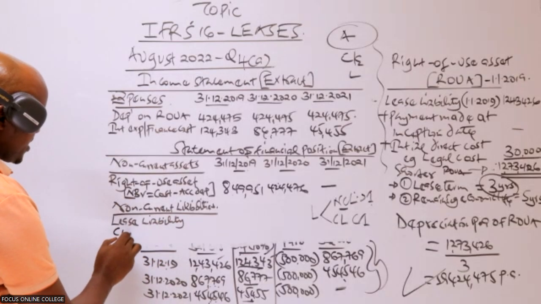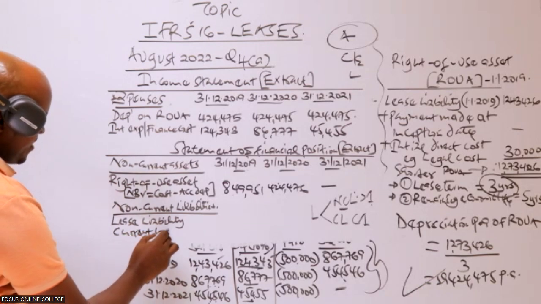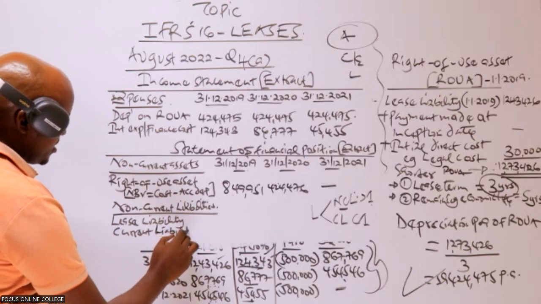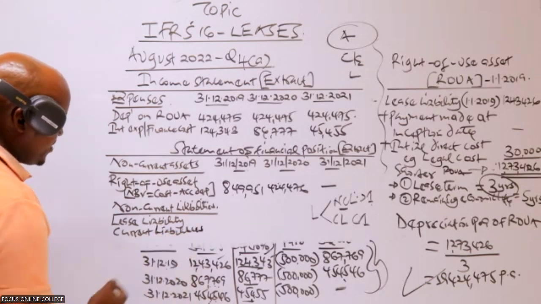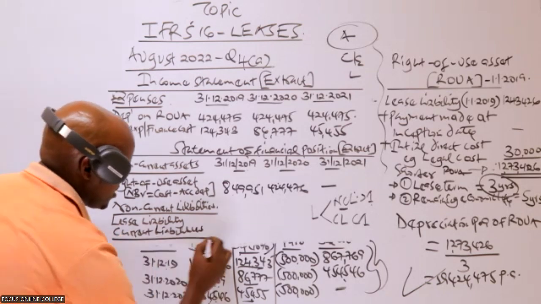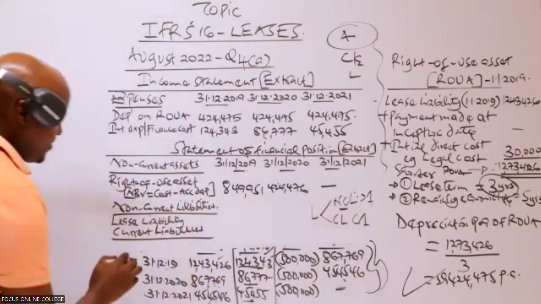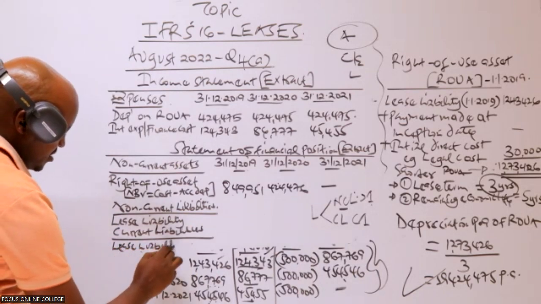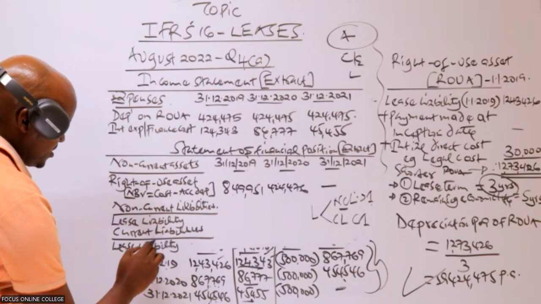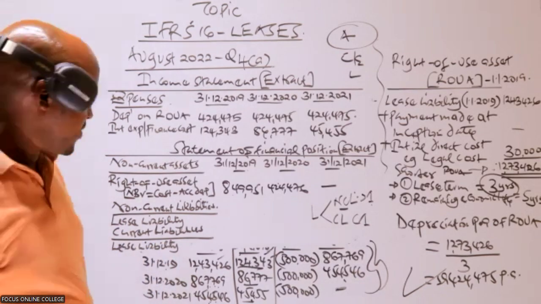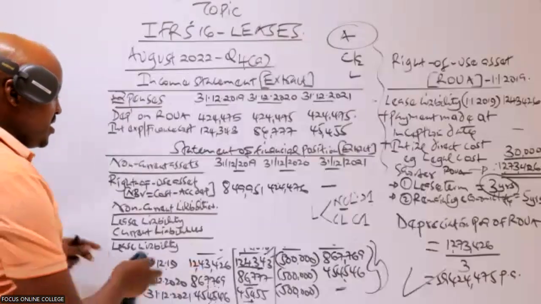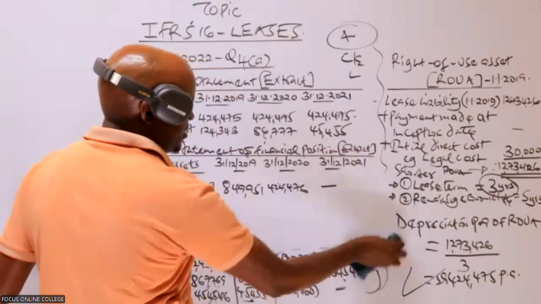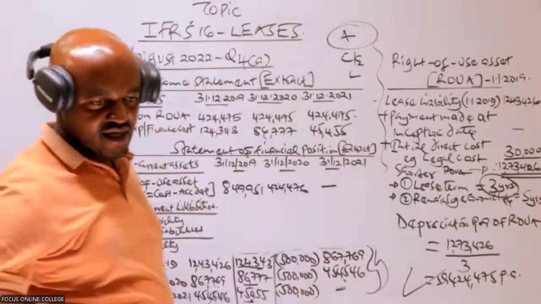And still under the current liabilities, we will equally have something called the lease liability. So let me show you first of all how we determine this lease liability, which is supposed to be recognized as a current liability.